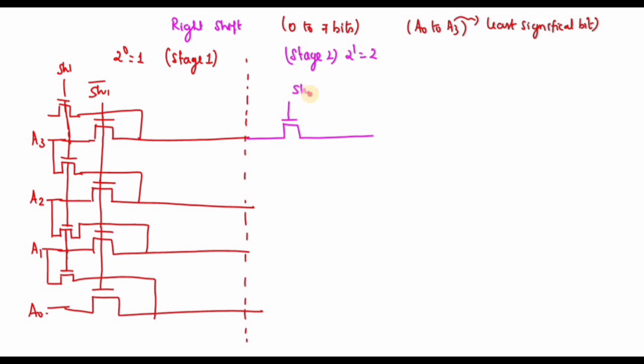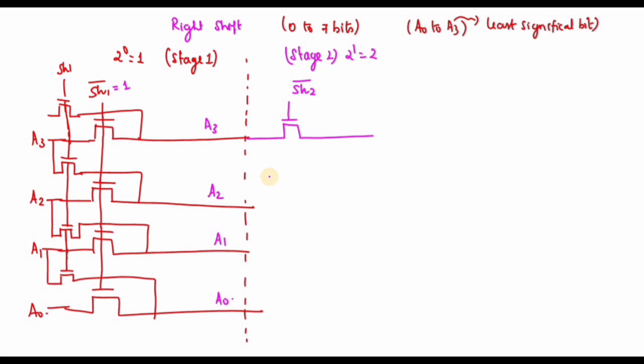Let me name it sh2 bar. So let us assume sh1 is 1, you will get a3, a2, a1 and a0, right?